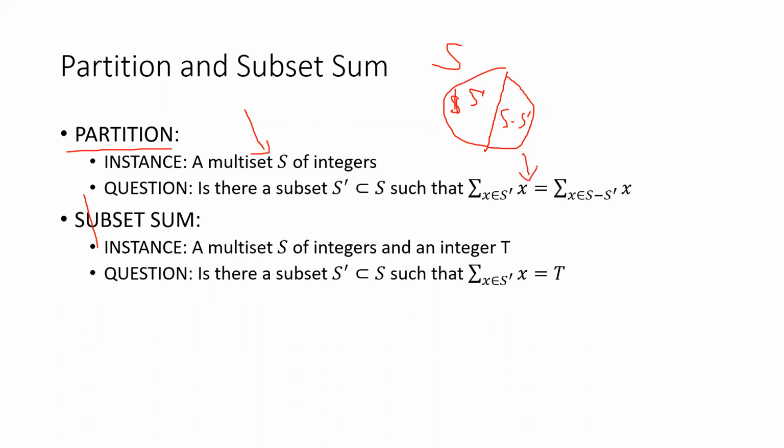And the subset sum problem is pretty similar. You have a set S and also an integer T. And what we want to know is whether you can have a subset S prime whose sum is T. So yeah, this is the definition of these two problems.